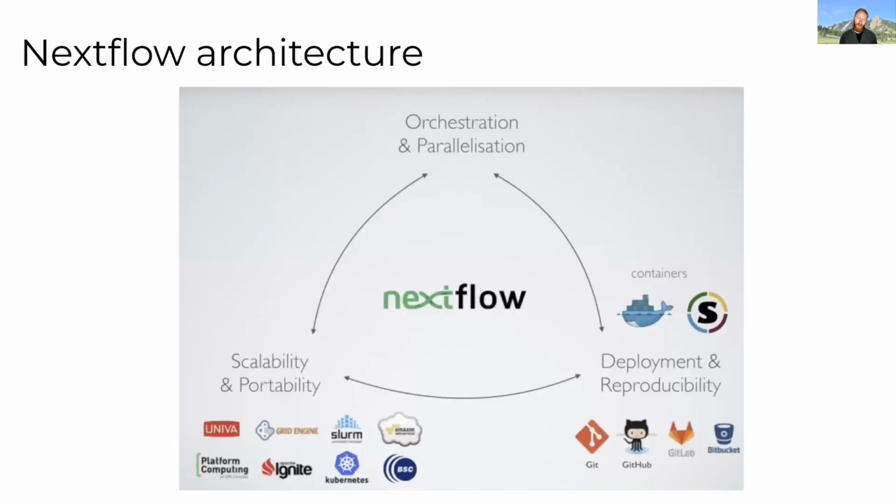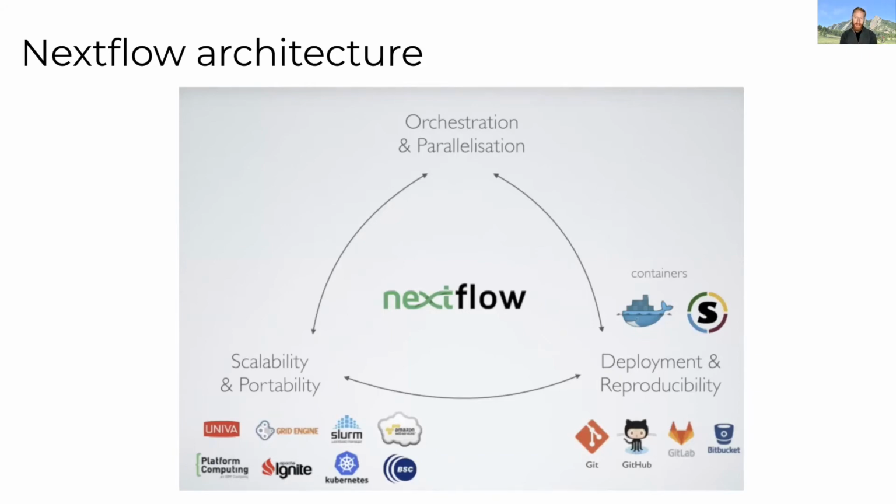So to summarize the concept of what Nextflow is, it is a workflow manager that allows you to orchestrate complex jobs and parallelize them. It does so in a way that is scalable and portable. You can run it on AWS or Google Cloud or Slurm, like we will be running it with Slurm on Fiji.